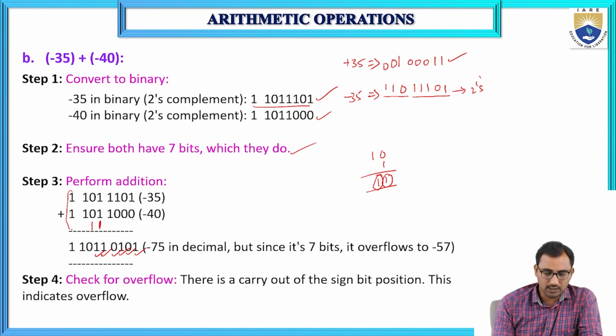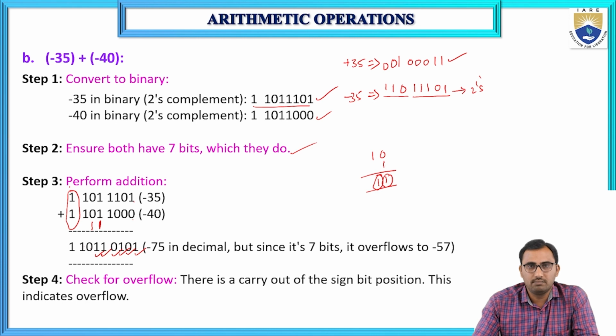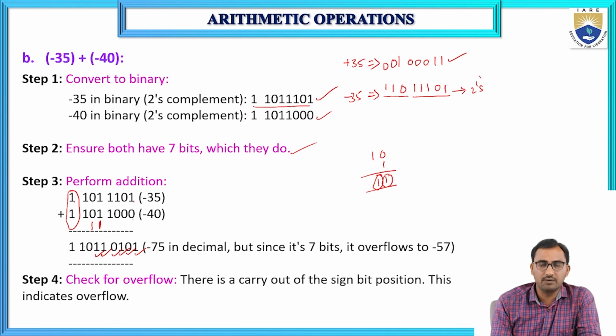And this bit is a sign bit, because we are using a sign magnitude representation. So the MSB is the sign bit. As we have already seen, 1 represents a negative number, 0 represents a positive number. So it is the MSB, the sign bit. Okay, so this is equivalent to minus 75.